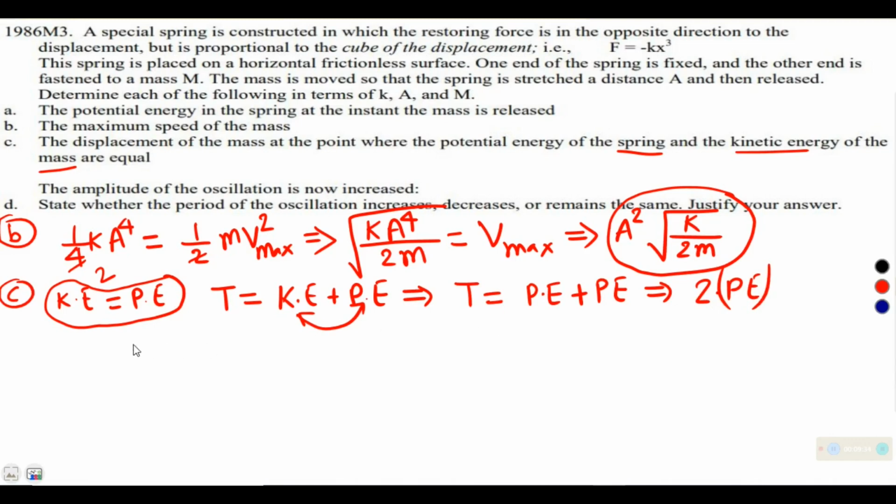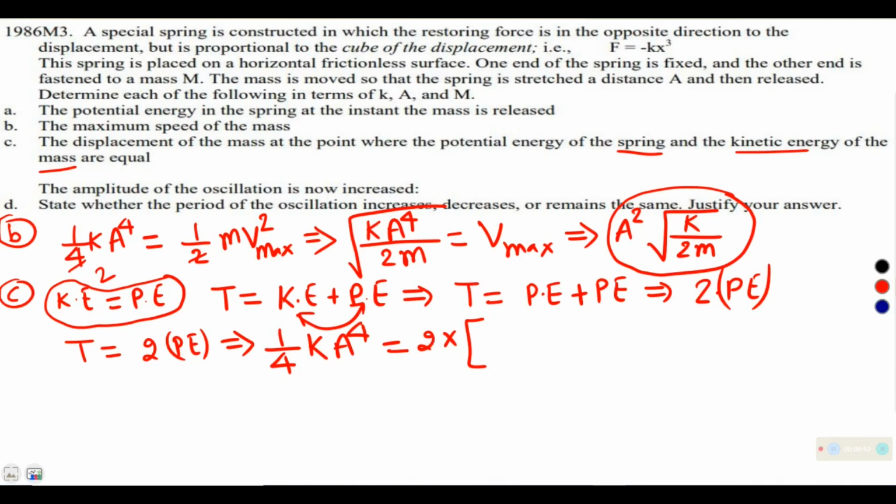So we get total energy should be equal to 2 times potential energy. Total energy we have found, that is 1/4 k a raised to power 4, should be equal to 2 times potential energy. What will be the potential energy? Let us suppose the displacement is x.